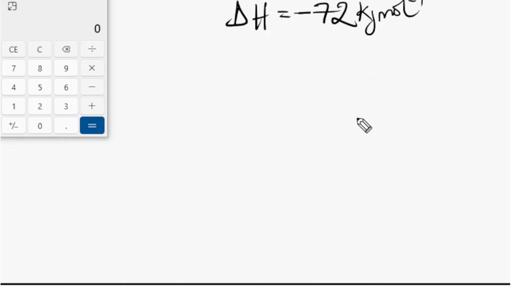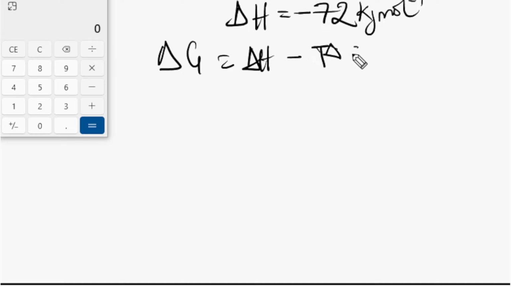So now guys, if it's this way, we are going to have that delta G will be delta H minus T times delta S.